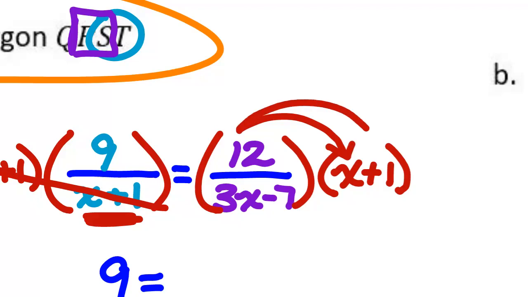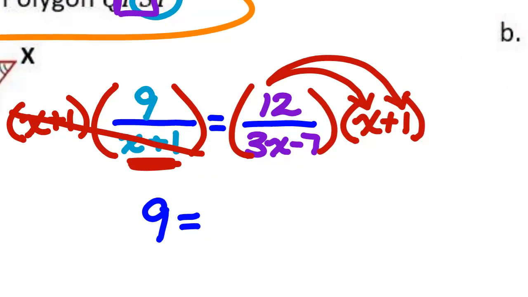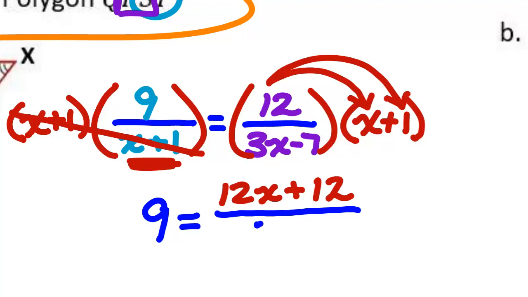So the 12 is going to get distributed to both of these parts, but the denominator stays the same. What is 12 times x? 12x plus 12 times 1? 12. And that's going to be over my denominator that stays exactly the same. 3x minus 7.